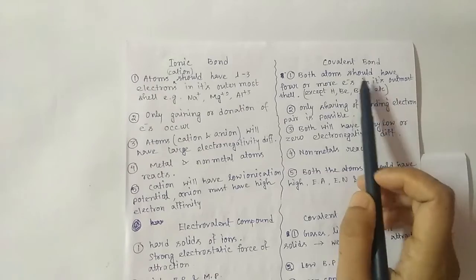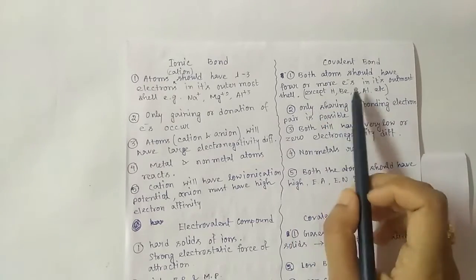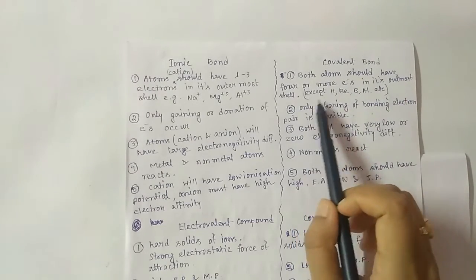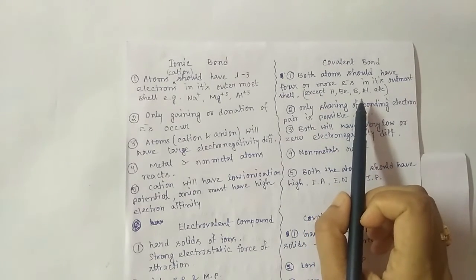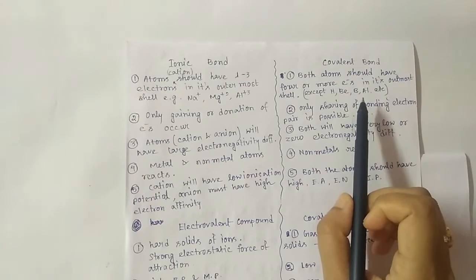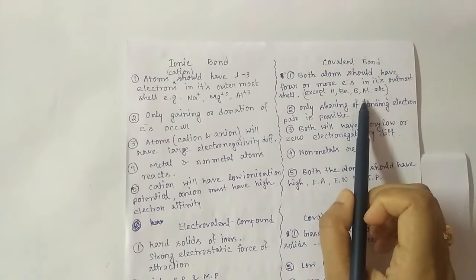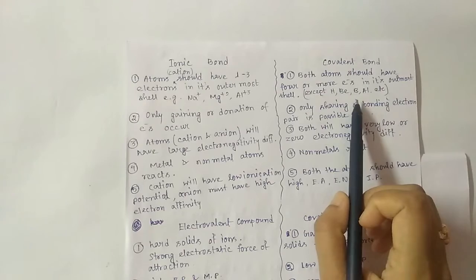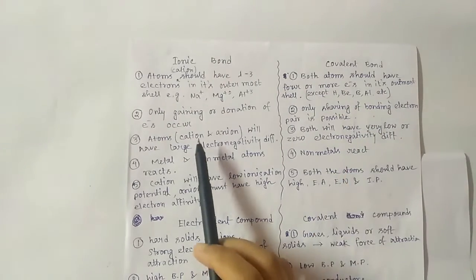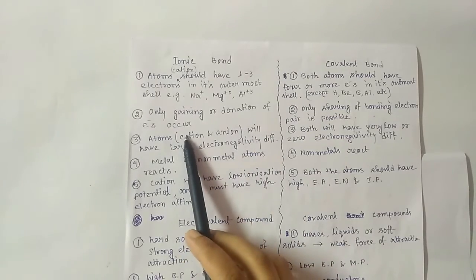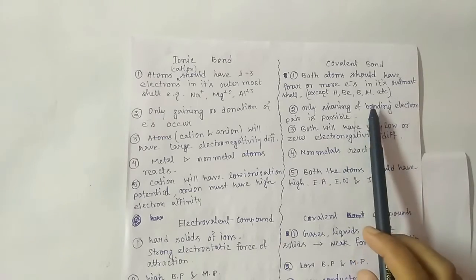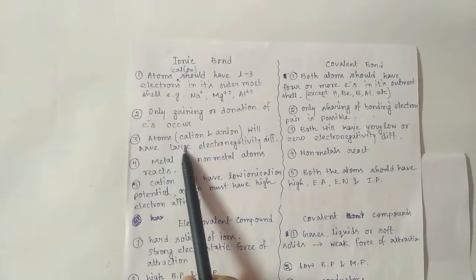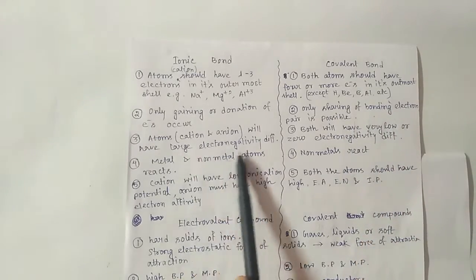Similarly, in covalent bond, both atoms should have 4 or more electrons in the outermost shell, except hydrogen, beryllium, boron, aluminium, etc., because hydrogen, beryllium, boron and aluminium have 1, 2, 3 electrons in their outermost shell. Now, only gaining or donation of electrons occurs in ionic bond, while only sharing of the bonding electron pair is possible in covalent bond. Again, cation and anion will have a large electronegativity difference.